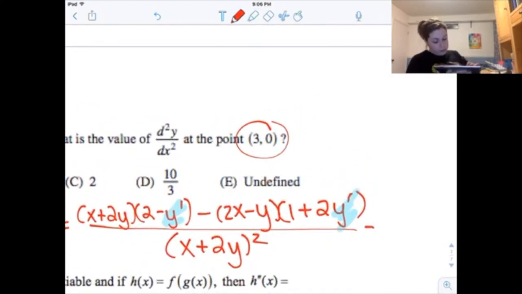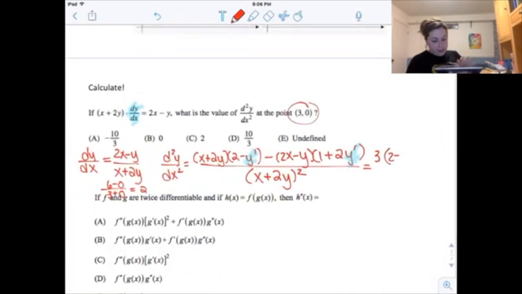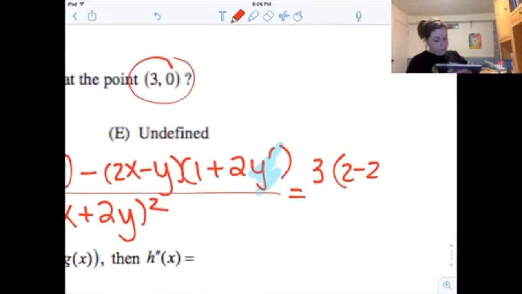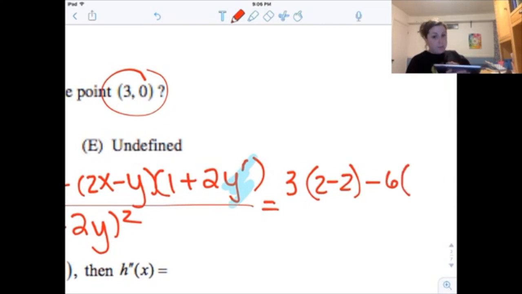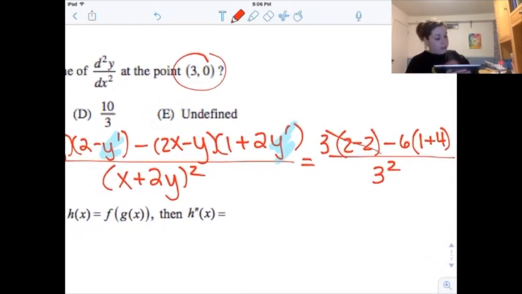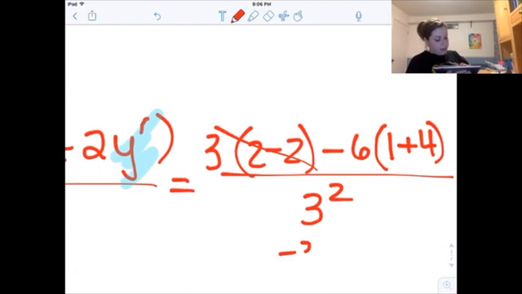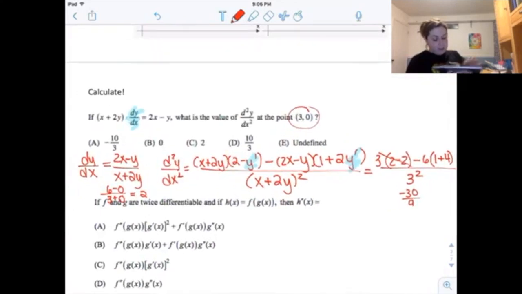So this is going to equal 3 times (2 minus 2), and dy/dx was 2, minus 2x minus y, which is 6, times 1 plus 2y prime, which is 1 plus 4, all over low squared, so (3 plus 0) squared. That gives me 0 here. This gives me negative 30 over 9. Simplify that down, and that gives me negative 10 over 3, which is A.